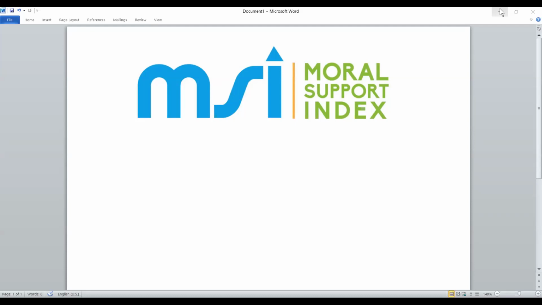Okay, so ito yung basic chart na makikita nyo pagka nag-open kayo ng MSI. Pag click nyo yung MSI code, ito yung makikita nyo.